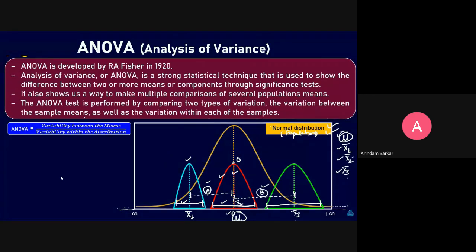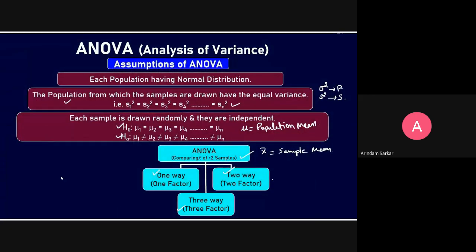Okay, so these are the steps to calculate. In the first step, H0, the null hypothesis, is mu1 equals mu2 equals mu3. That means all the means are the same as the population mean. And here is the case that the means are not the same.